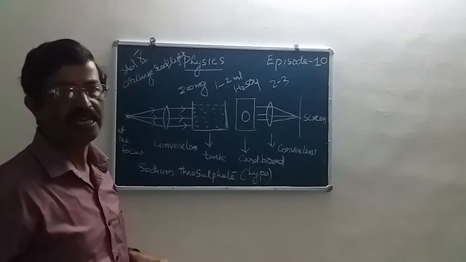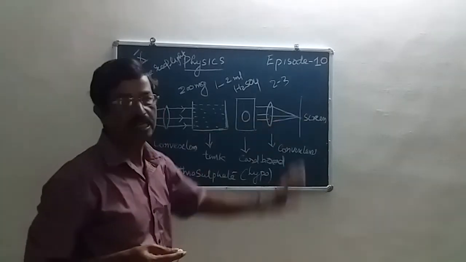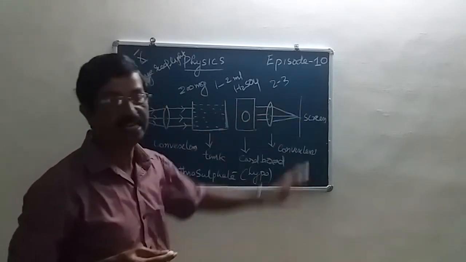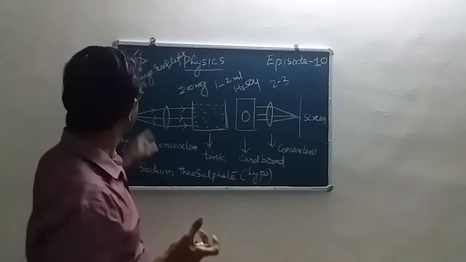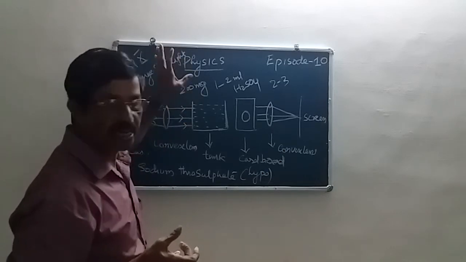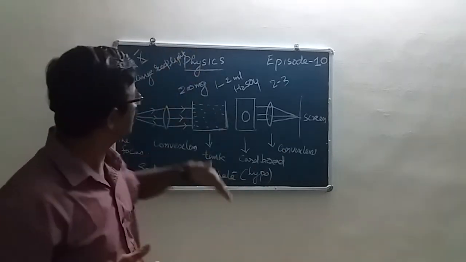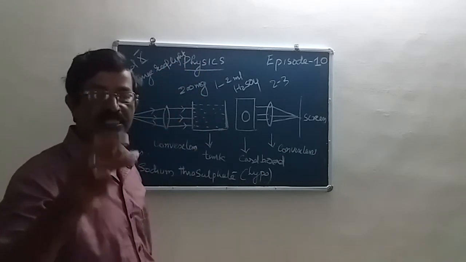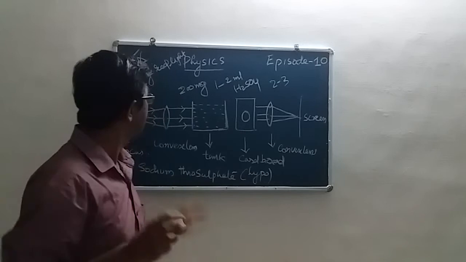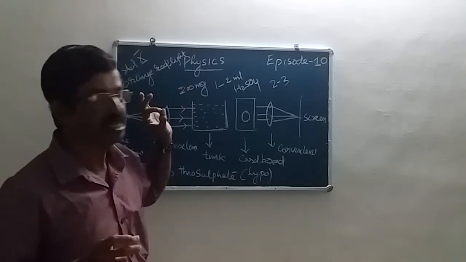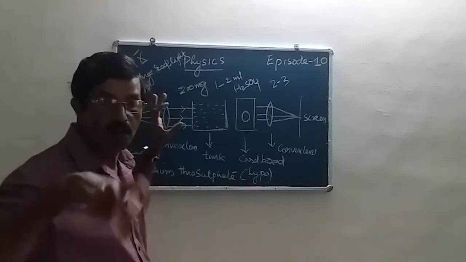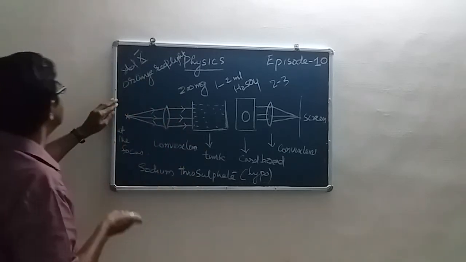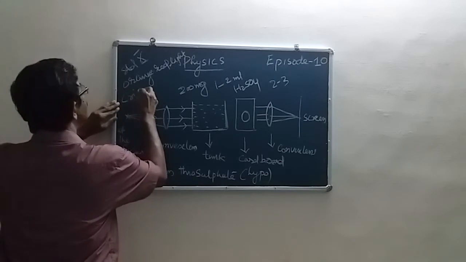Orange red light we can see on the screen. That means the light from the 4th side coming to the screen, we observe orange red color. After some time, the smaller sulfur particles combine and become larger particles. Then longer wavelength light such as red is also scattered.